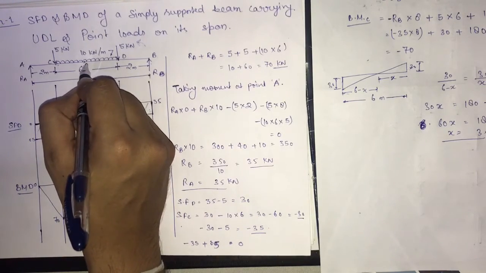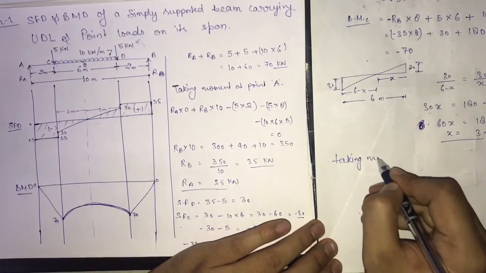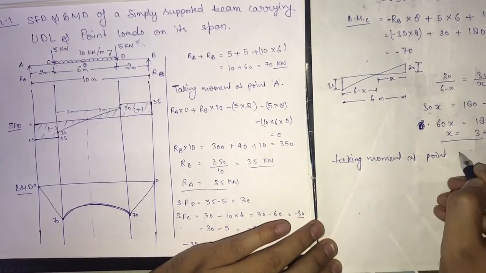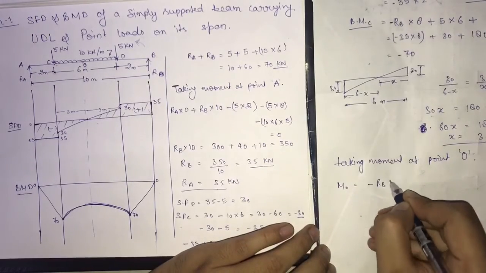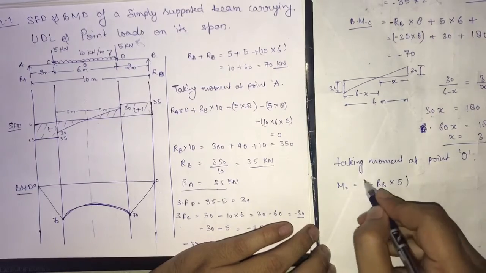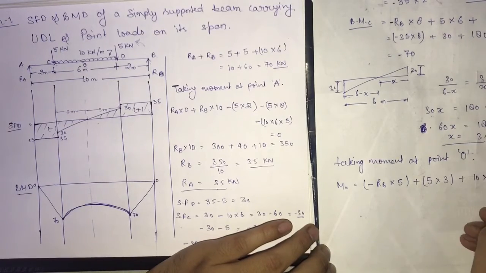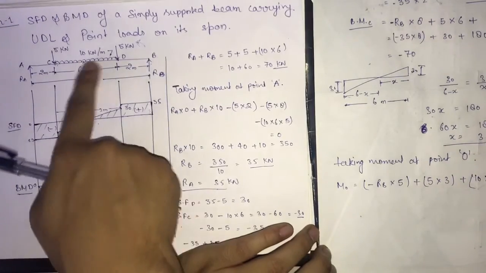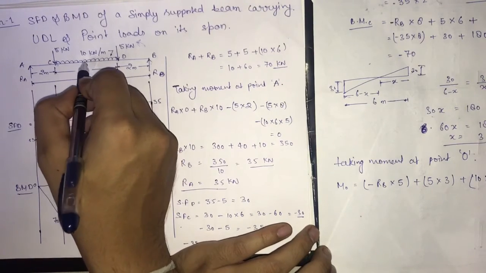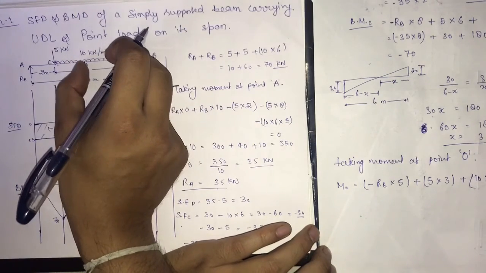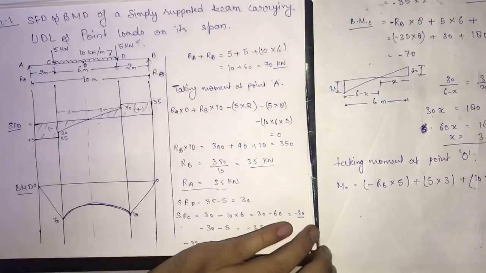Let's say this point is O, and taking moment at point O, MO is equal to minus RB into 2 plus 3, which is 5, plus 5 into 3, and plus 10 into 3 into 3 by 2, because the UDL is acting on this complete span, but we have to take the moment at this point, so we take the distance up to this, and the center of this UDL from this point is 1.5.